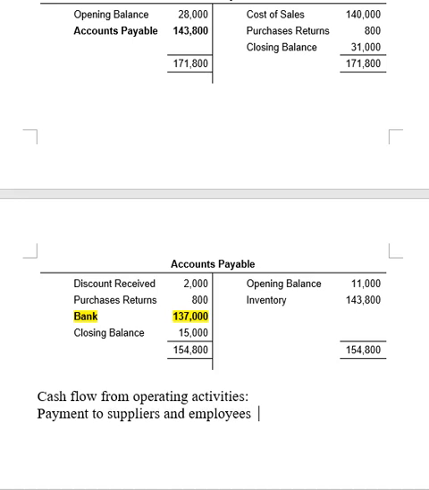Under payments to suppliers and employees, you would have a negative 137,000 over here. Don't forget about this negative sign. It's very important, because payments to suppliers and employees is a cash outflow. If this is a cash outflow, you need to put a negative, because with a cash outflow your cash reduced, so you need to put a negative sign over there.